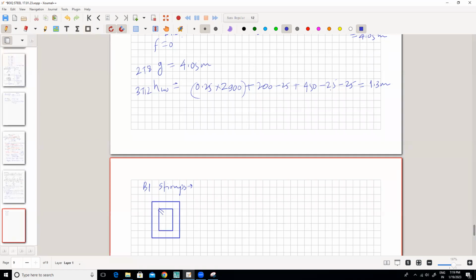And this hook. So you know this is your 230 by 450. So cover is 25.